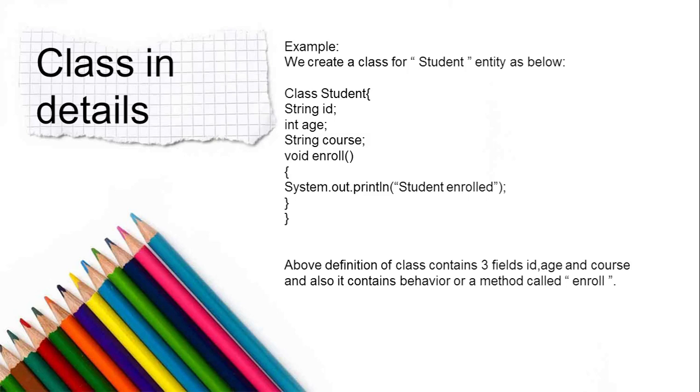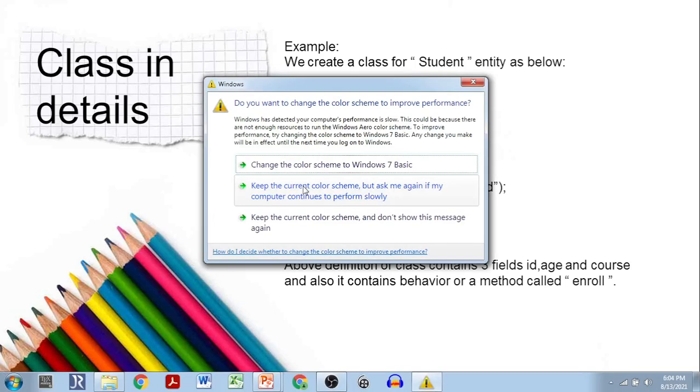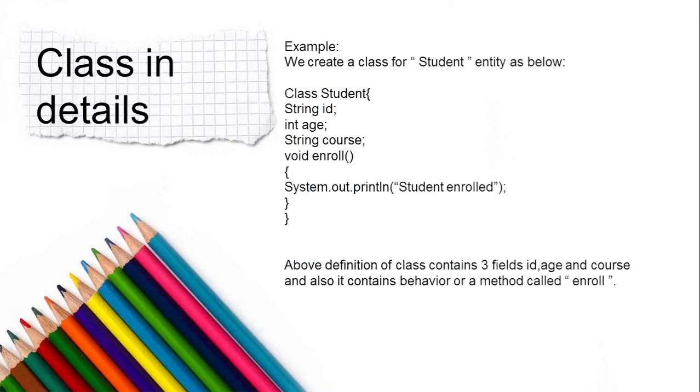Then the curly bracket opens and we are giving one string variable named ID, one integer variable named age, one string variable named course, and one method or function named enroll, which is a void method. It doesn't return anything. We are printing "student enrolled" by using System.out.println.